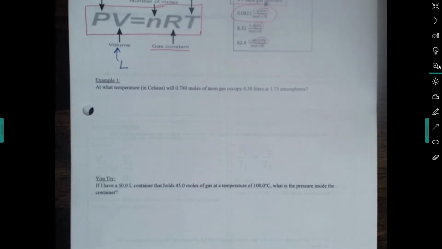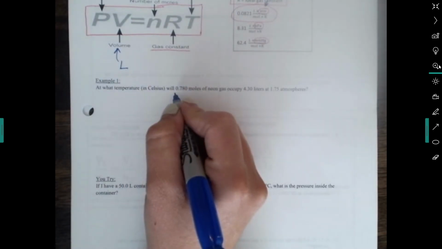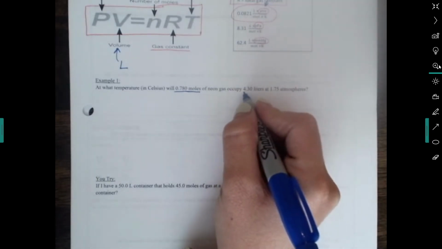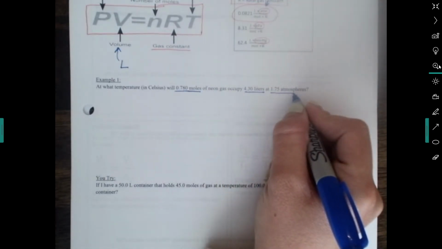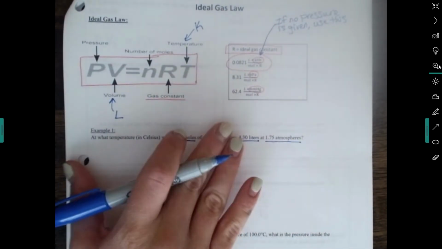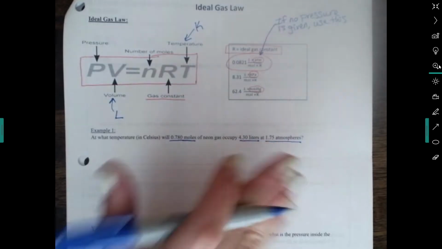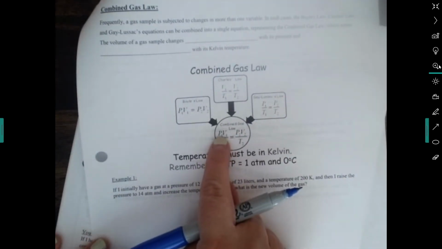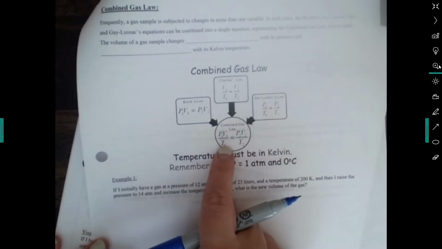The first example says: at what temperature in Celsius will 0.780 moles of neon gas occupy 4.30 liters at 1.75 atmospheres? Looking at this problem, you know it's different than the other problems we've done, because on all those other problems in your packet, you're always given two pressures and two volumes, like a P1 and a P2 and a V1 and a V2.